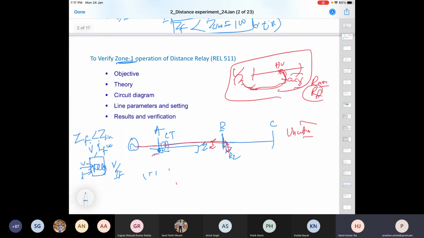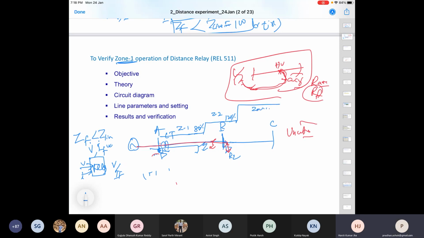For AB, for this relay, we talk about this being zone 1. This is zone 1 up to 80%. And then we talk about zone 2, something like 120%, or 150%. And then zone 3.